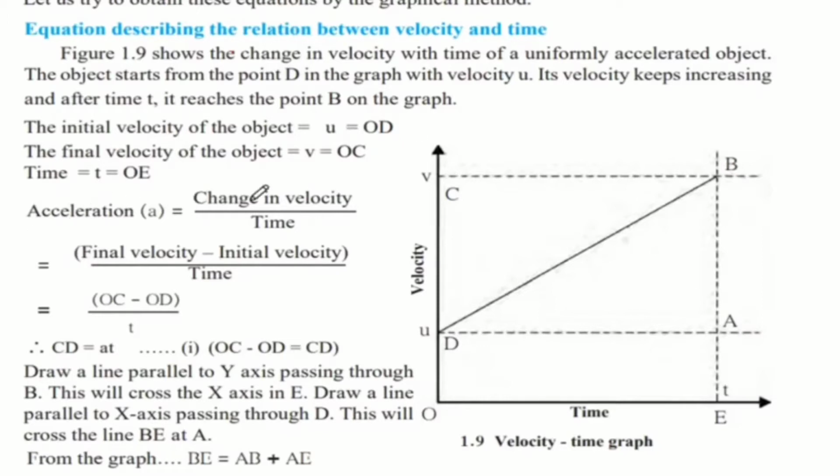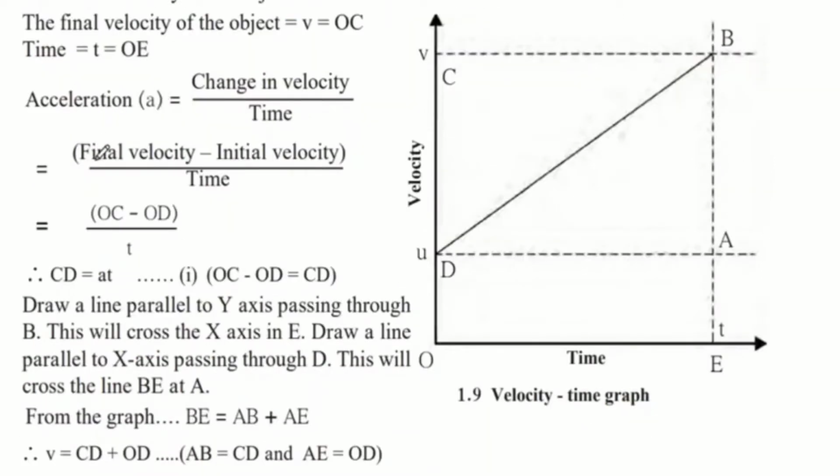Acceleration is equal to change in velocity upon time. I hope you remember this formula. This is equal to final velocity minus initial velocity upon time t. Final velocity v on this line is OC, and initial velocity u is OD.